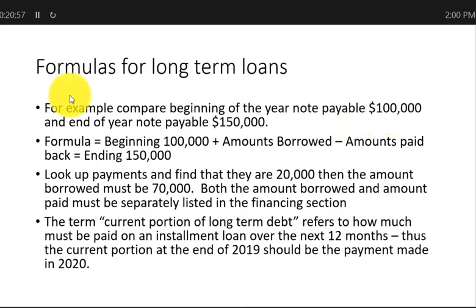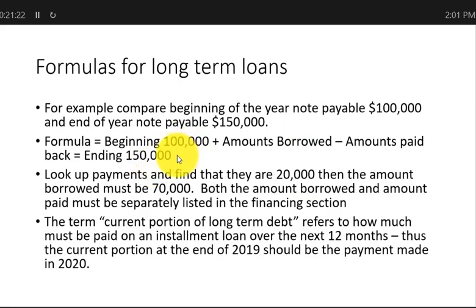So we compare the beginning of the year note payable to the end of the year note payable. Beginning it was $100,000. The end of the year it was $150,000. So our formula is going to be $100,000 plus the amount borrowed minus the amount paid, ends up with $150,000, right? So the easy way would just say it changed by $50,000.